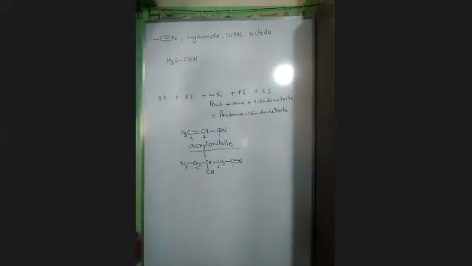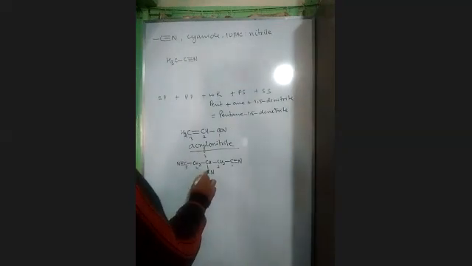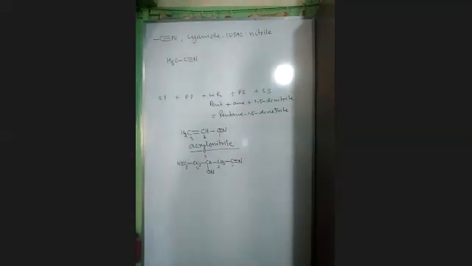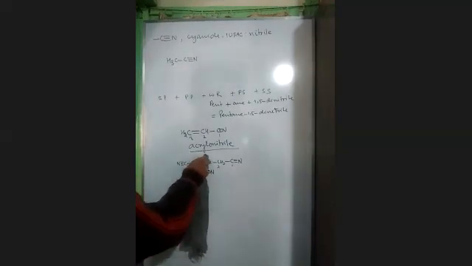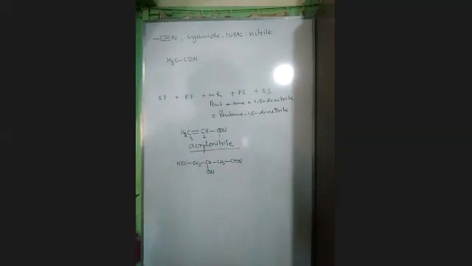Now suppose it is like this, then what will be the name? See, same situation we have found in case of aldehyde and carboxylic acid. So in this case, we think that all these cyanides are outside the main chain.